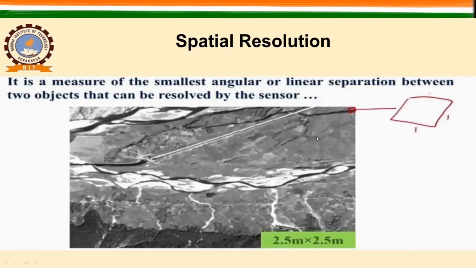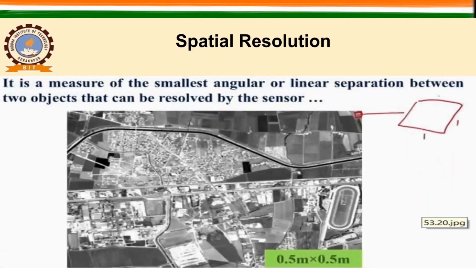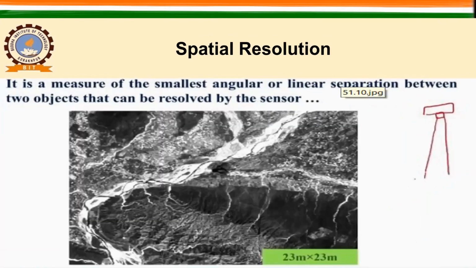So this is your 2.5 meters by 2.5 meters. And also we have the next one, which is 0.5 meter by 0.5 meter. What I have told you is that if in any figure I represent the resolution as 23 by 23 meters, it simply means that one pixel of this image represents a 23 by 23 meter area on the ground.